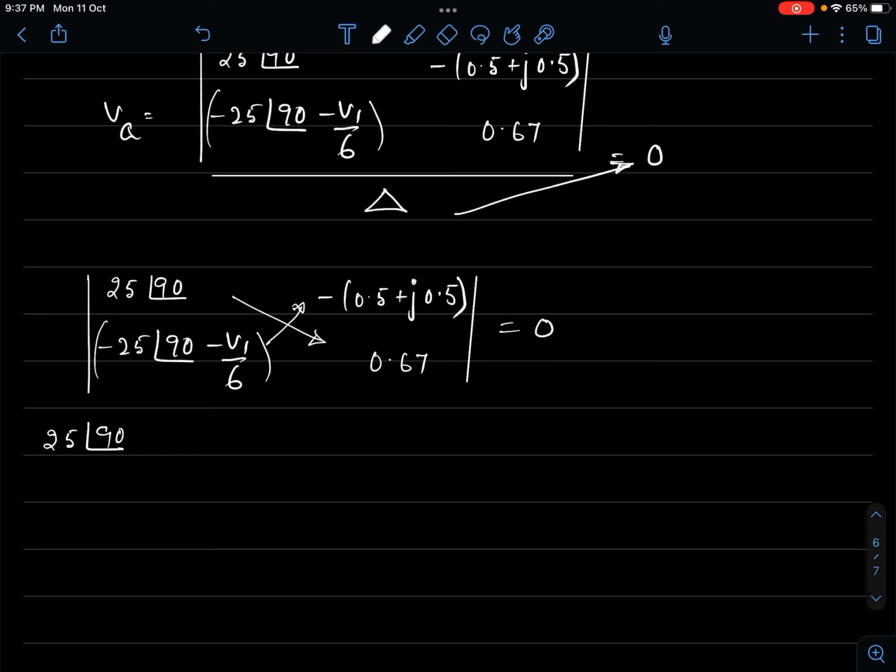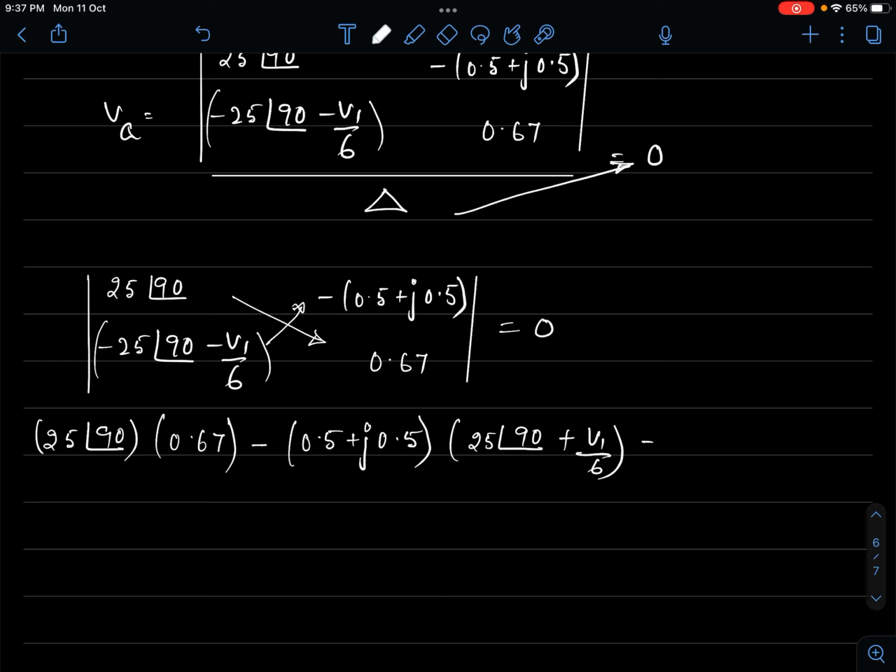I'll put it in brackets. 0.67 minus, because this is also minus, minus of minus is plus, and that again is minus, into 0.5 plus j 0.5 into 25 at an angle 90 plus V1 by 6 equal to 0.